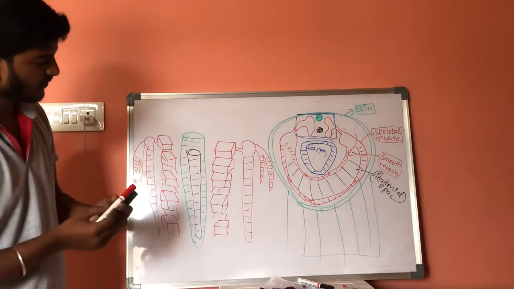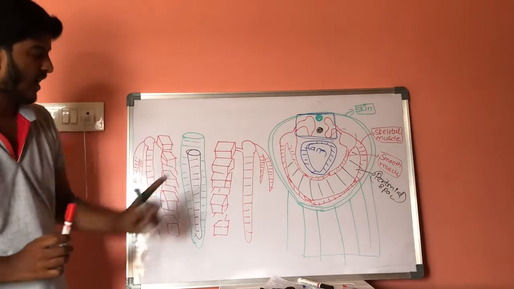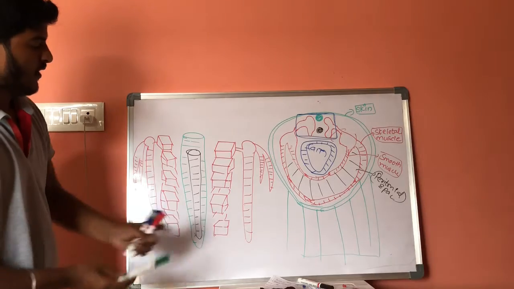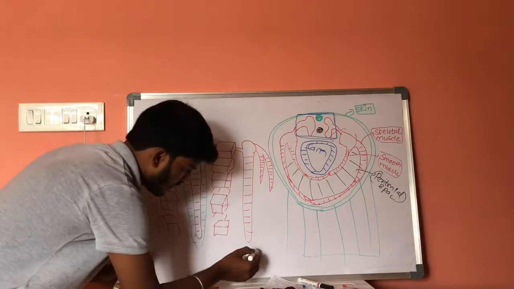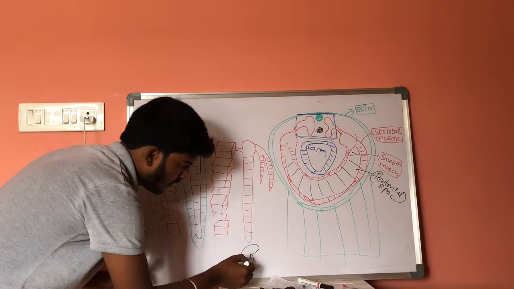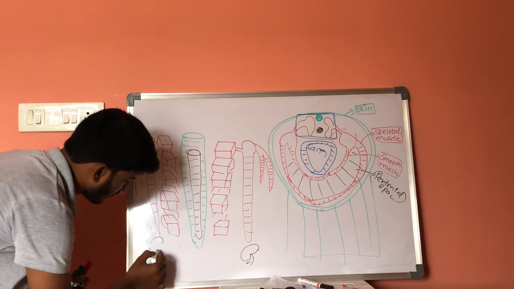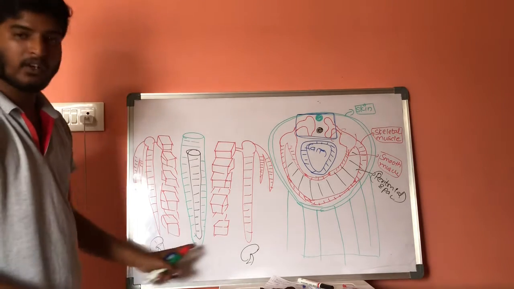Now, these intermediate mesoderms are useful for the development of kidneys.